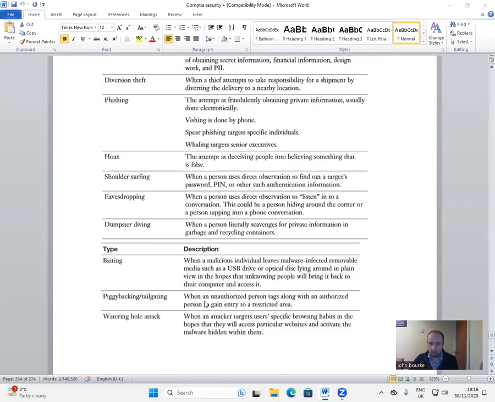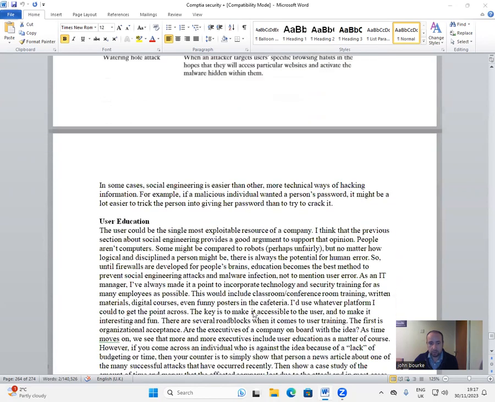Piggybacking, tailgating, when an unauthorized person tags along with an authorized person to gain entry to a restricted area. Watering hole attack, when an attacker targets users' specific browsing habits in the hopes that they will access particular websites and activate the malware hidden within them.